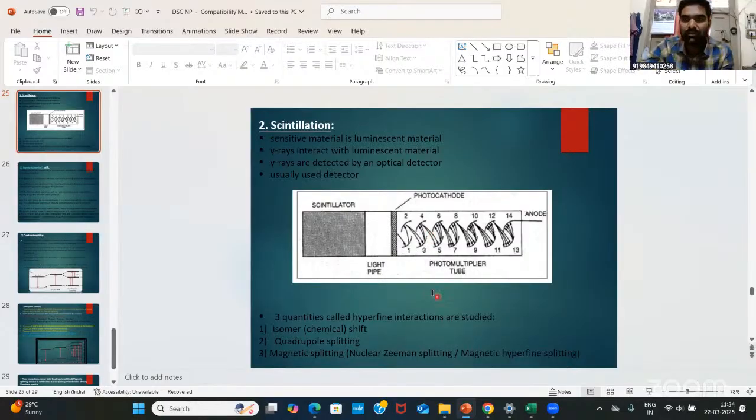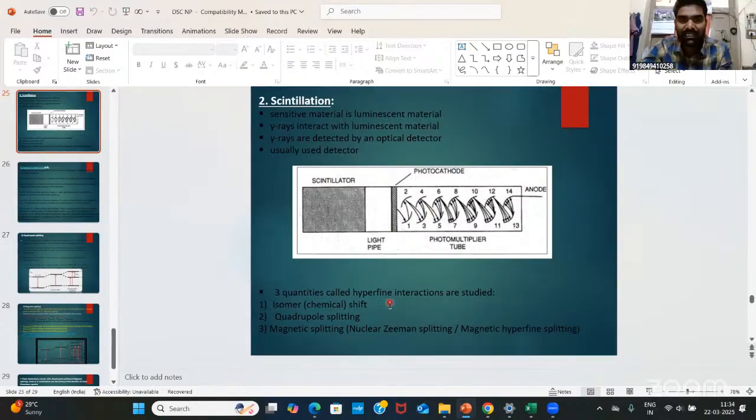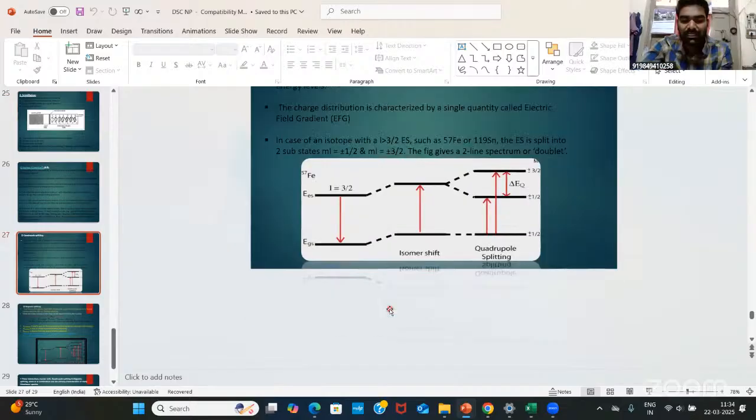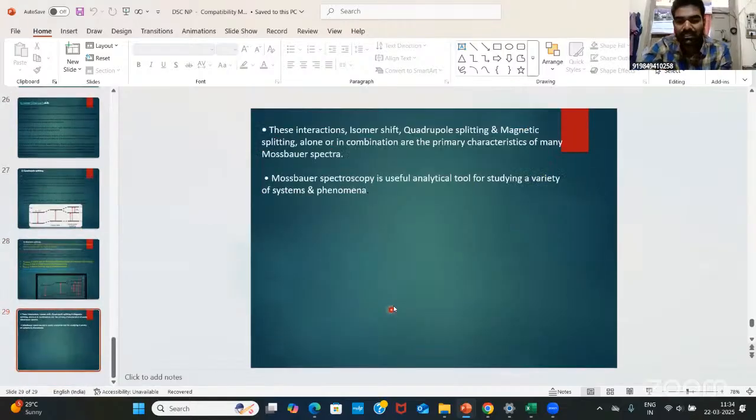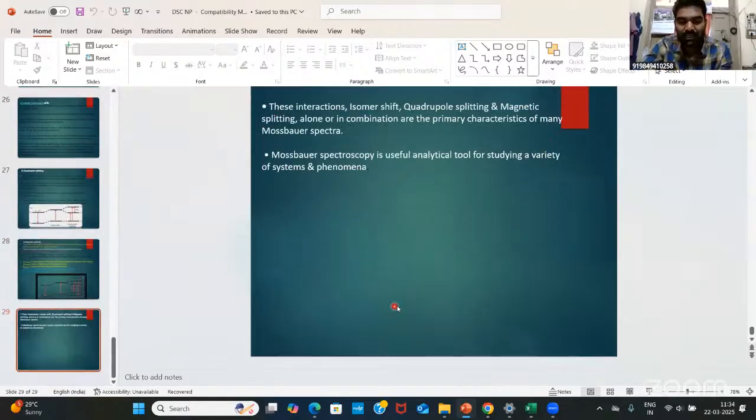These are used in many applications like material sciences, studying phase transitions, magnetic properties, and local atomic environments in materials. They are used in material science, chemistry, biology, and mineralogy. In material science, using this effect, we study the phase transitions, magnetic properties, and local atomic environments in materials.